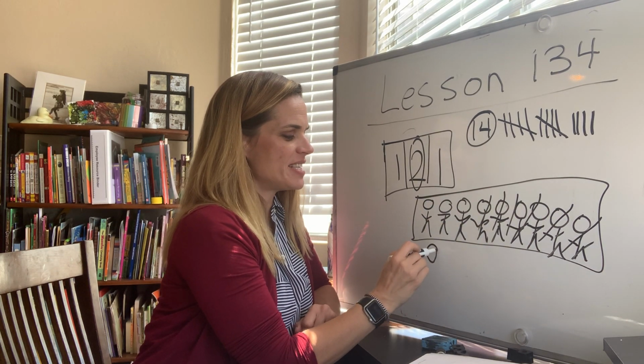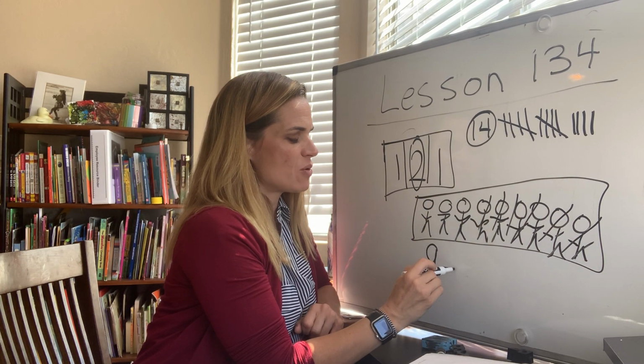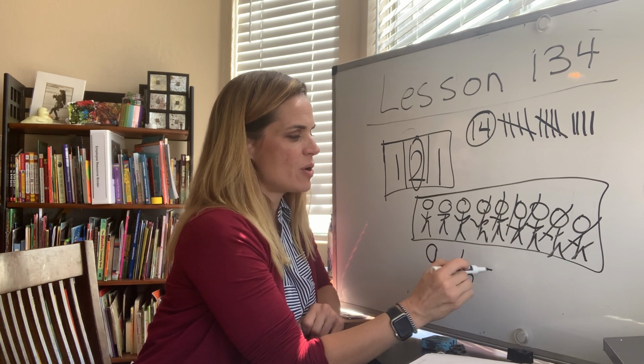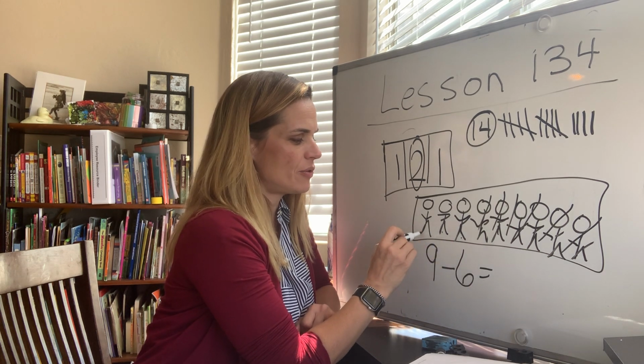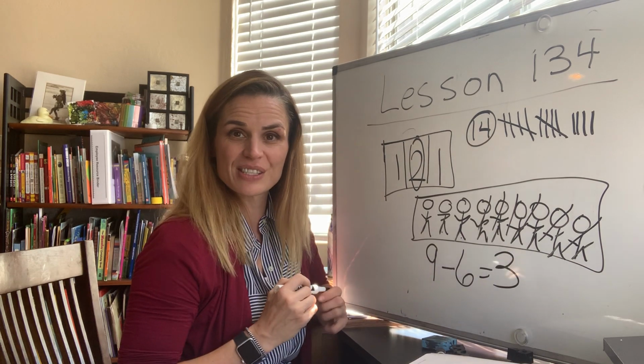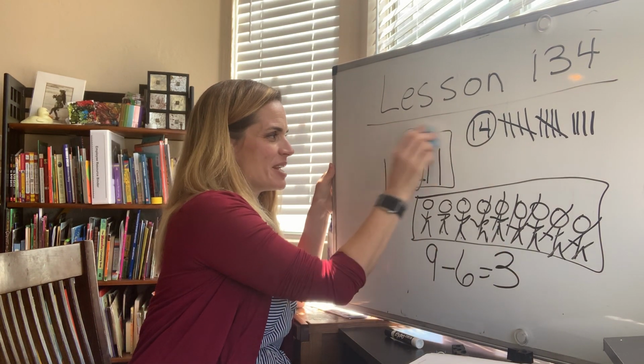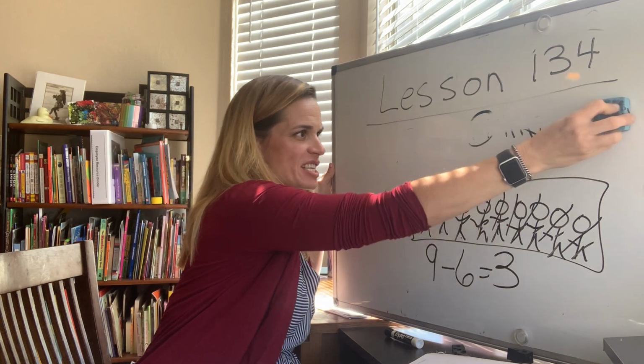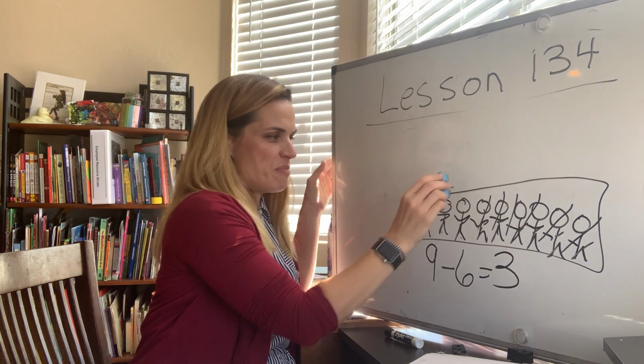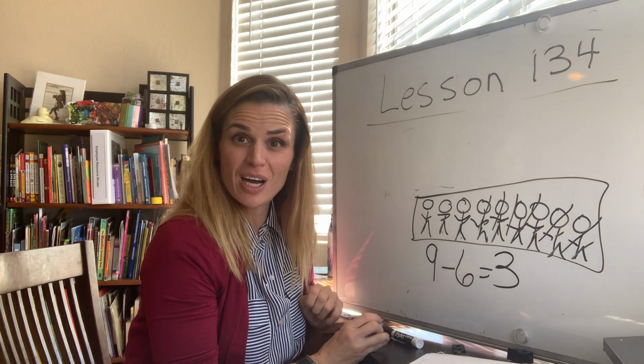So our problem is 9 take away 6 equals 1, 2, 3. 3 girls. Good job, boys and girls. You can pause the video and get that drawn and written.